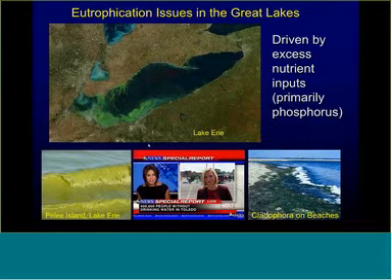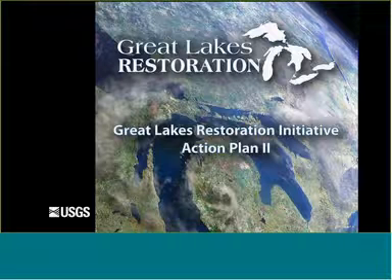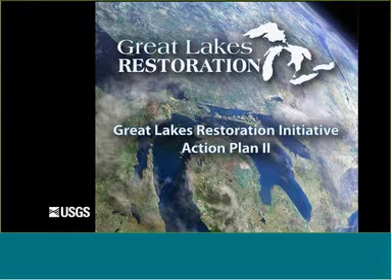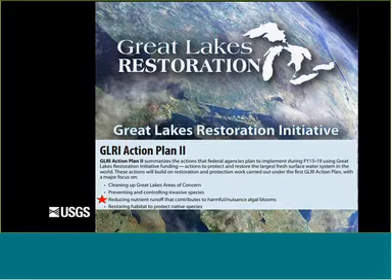And with that, there are many actions being taken across the watershed trying to reduce that loading to the Great Lakes. One of the main efforts over the past few years is part of the Great Lakes Restoration Initiative. When this started up, they came up with a series of different goals, and as you can see, one of the top four was to try to reduce the nutrient runoff that contributes to these algal blooms.